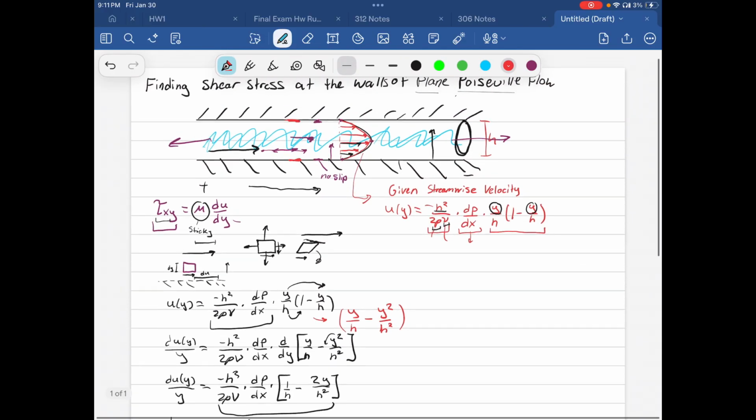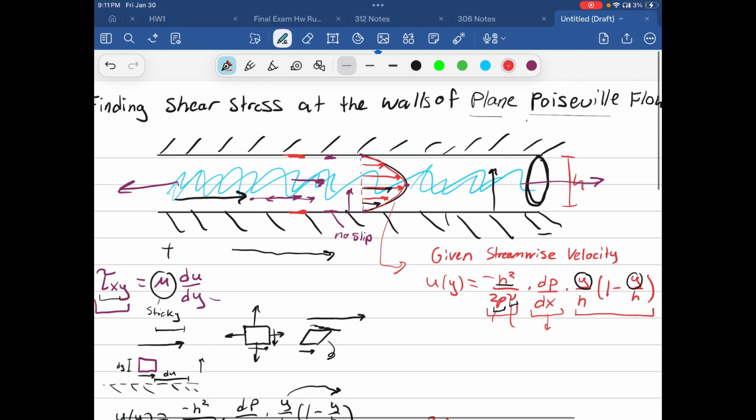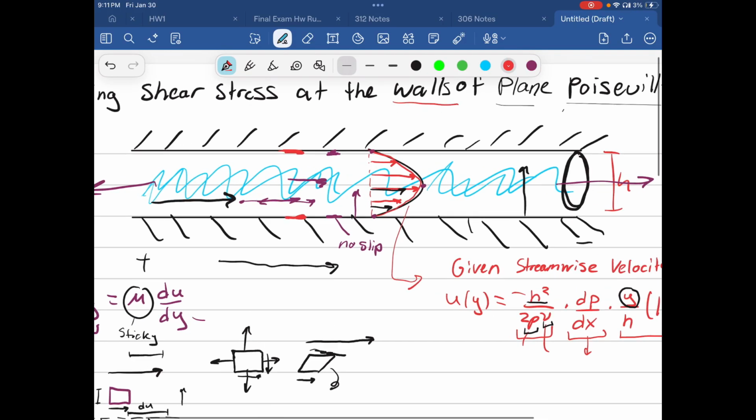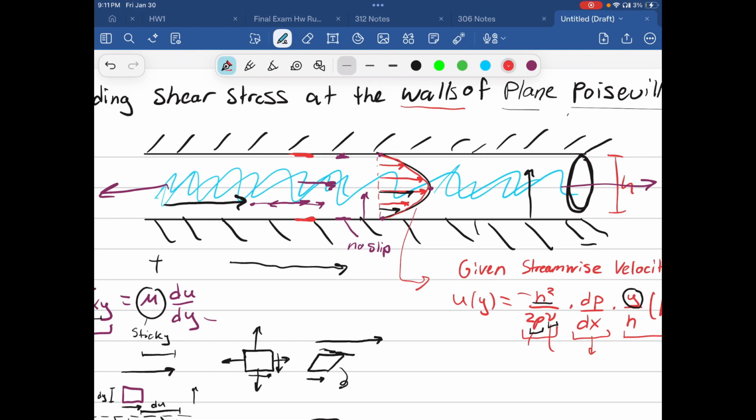And we want to find the shear stress at the walls. Since we have this no slip condition here, our velocity here is 0, and our velocity here is the greatest. We're looking for shear stress at the wall, which means we're going to have y equals 0 or y equals h.